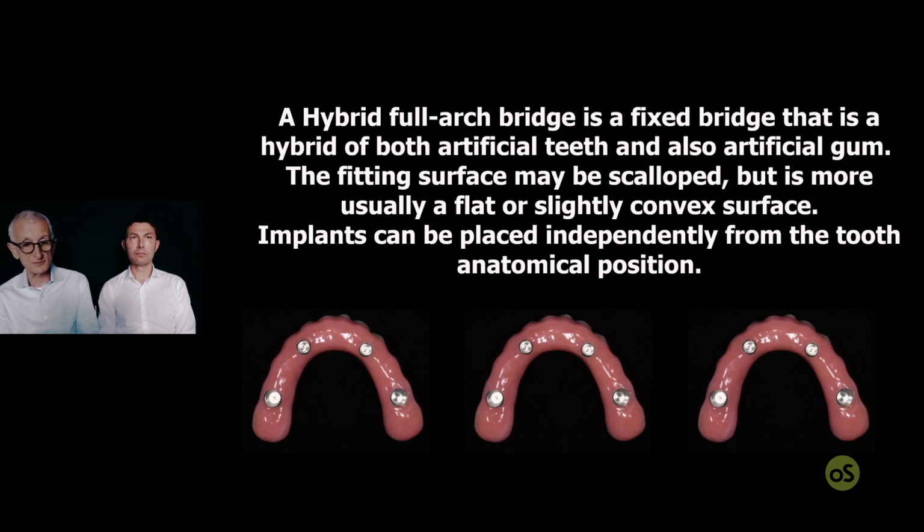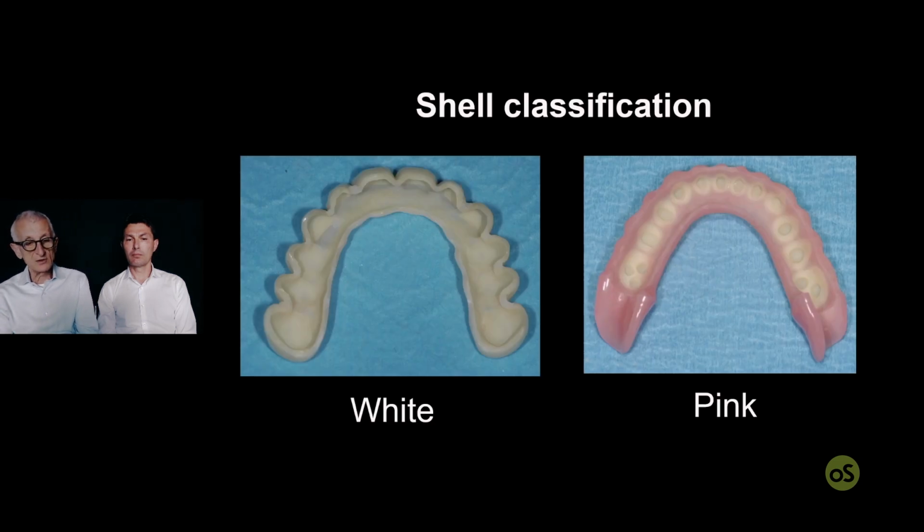A hybrid full arch bridge is a fixed bridge that is a hybrid of both artificial teeth and artificial gum. And the fitting surface is more often convex, better convex, easy to clean. An implant, as I said, can be placed independently. So, white or pink? Let's show us how you make a white shell and how many types of white shell do we have.